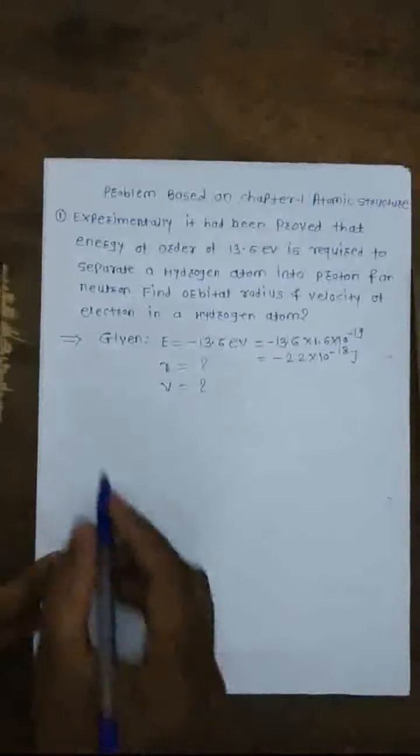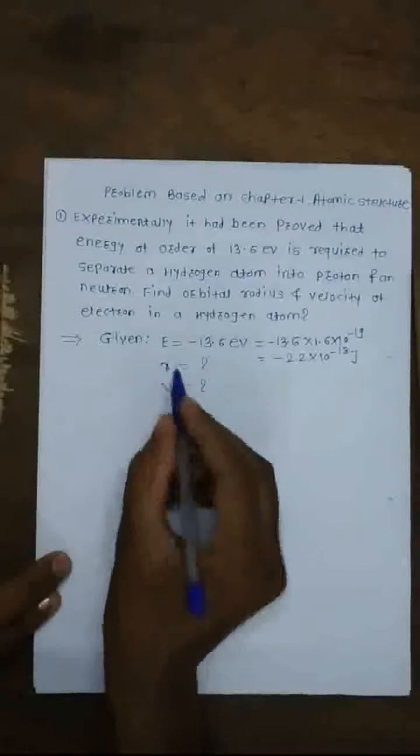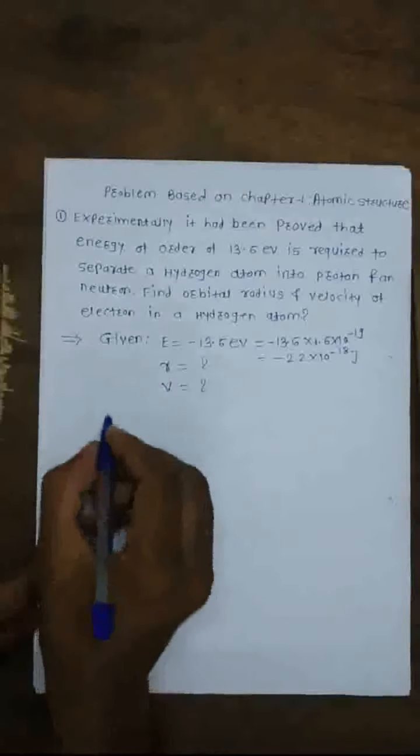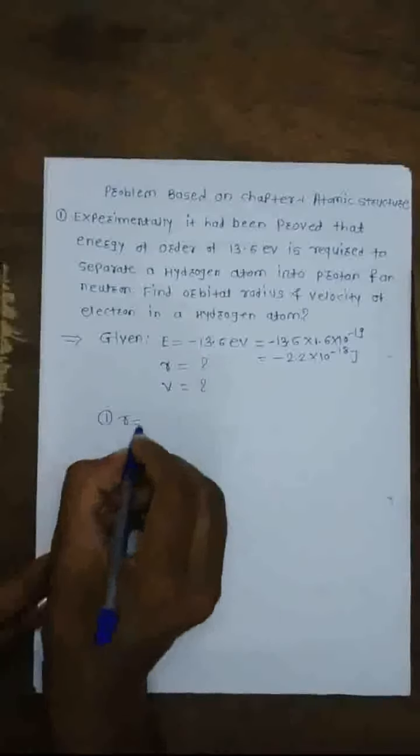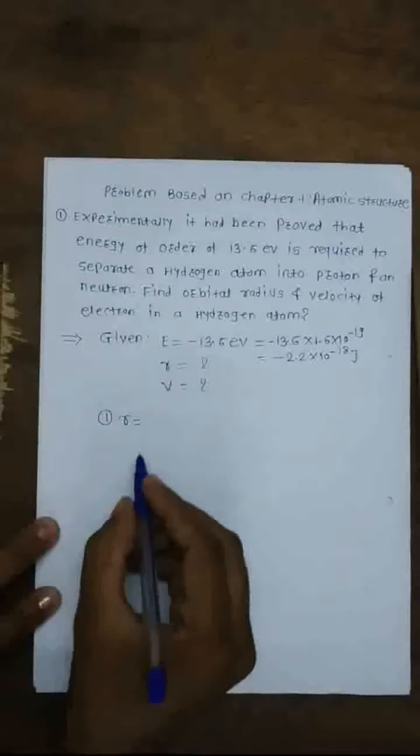Now, first we have to find out the radius of the hydrogen atom. R is equal to what?